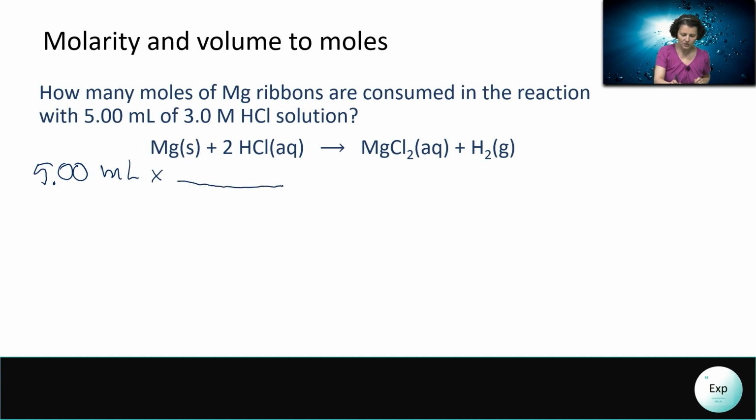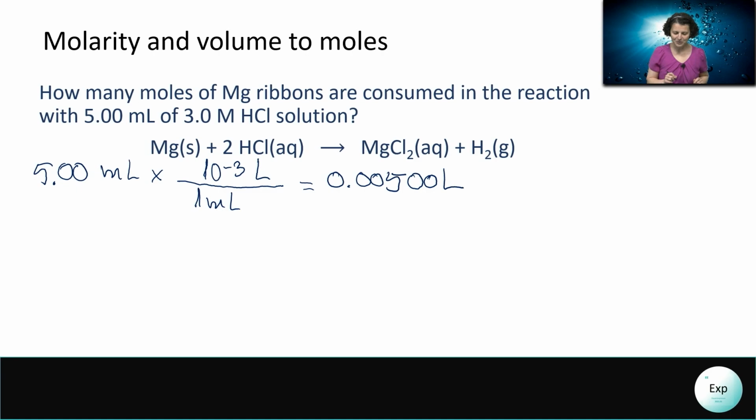So we're going to use our prefix conversion. 1 milliliter is 10 to the negative third liters, giving us 0.00500 liters of solution.